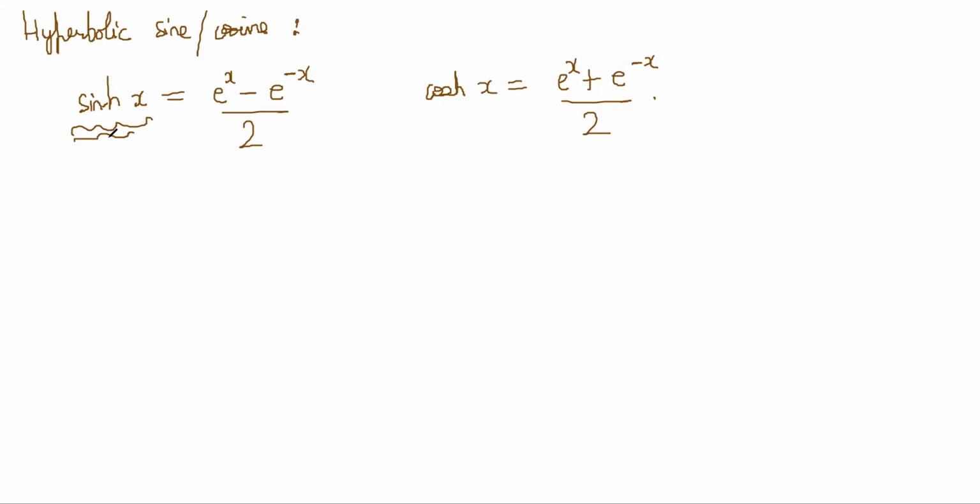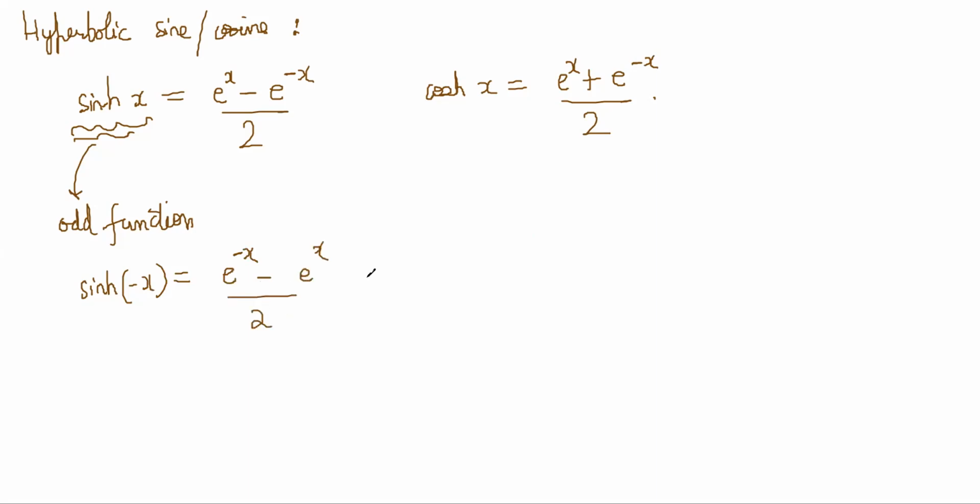The graph looks like a sine curve. Notice that this is an odd function. Why? Because if you put sinh of minus x, what comes? e power minus x minus e power x by 2, which is negative of sinh x, right?